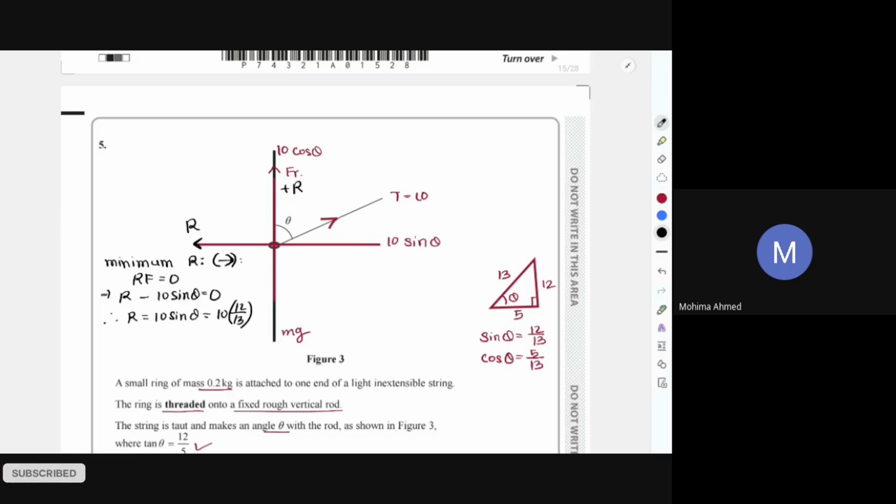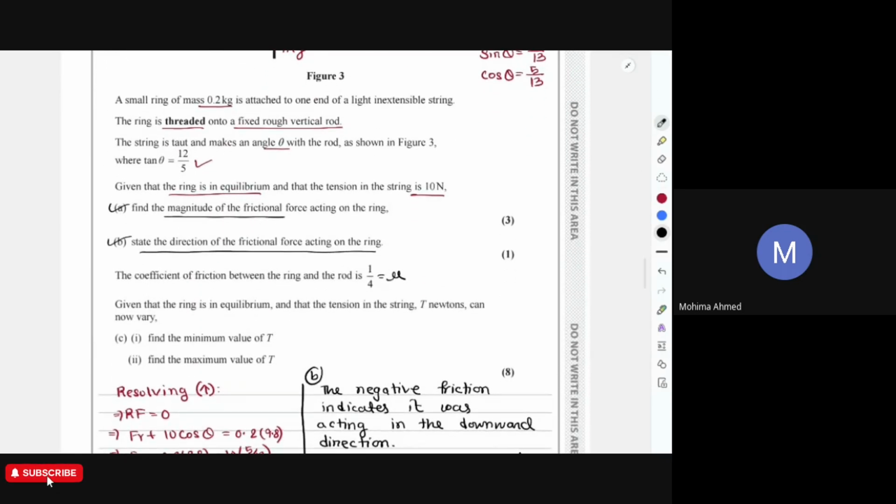They have also provided what I was looking for. Oh, the minimum value for T they are asking, sorry.